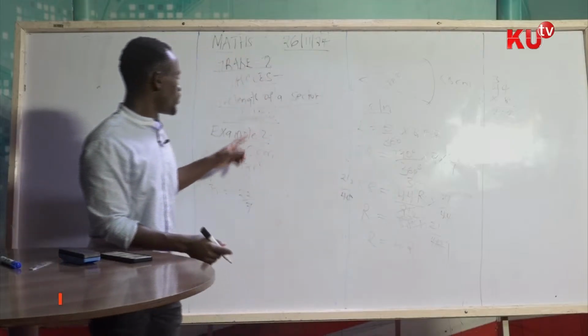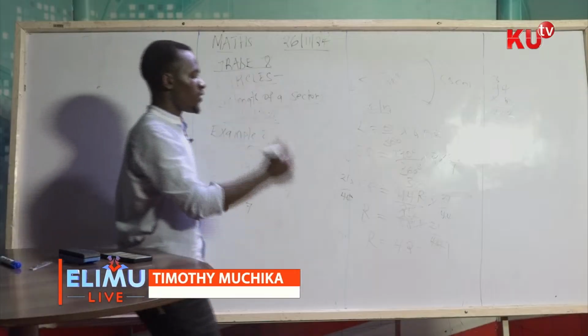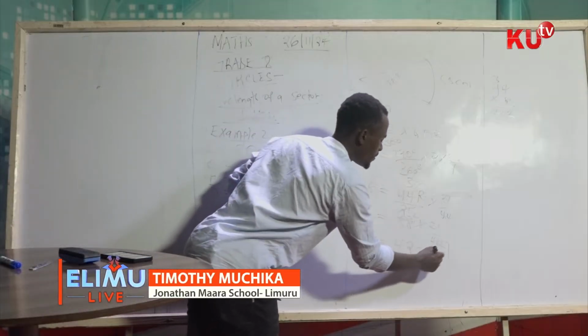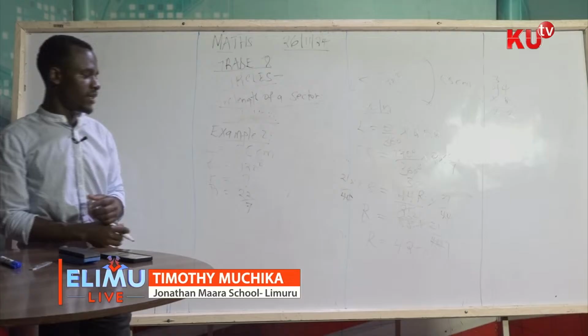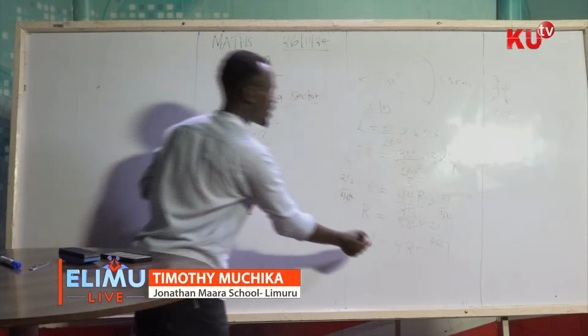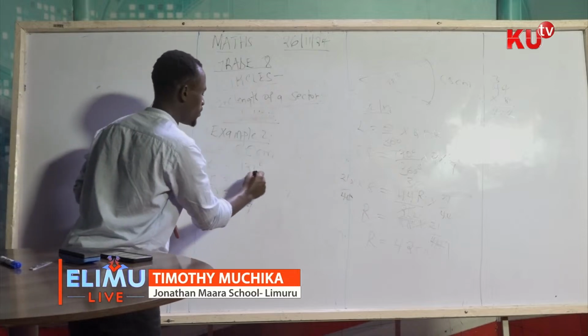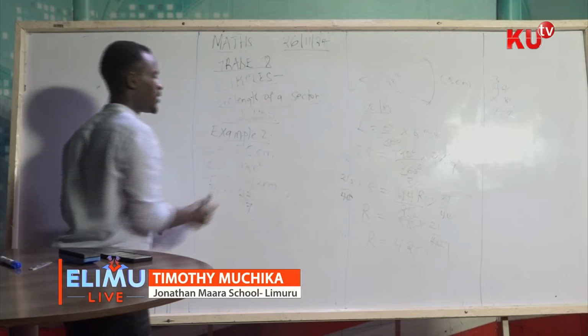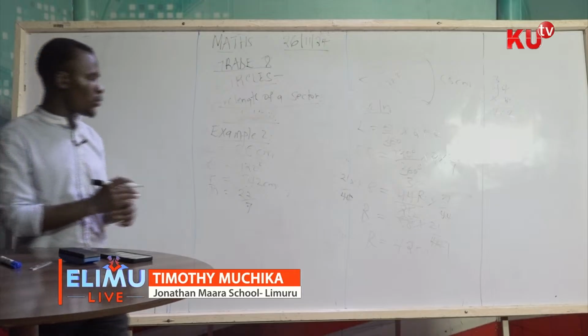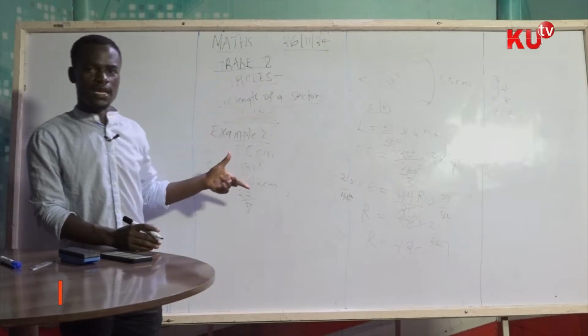And because it is also a length, the units now become centimeters. So we have now found that the radius of the circle is 42 centimeters. It is as simple as that.